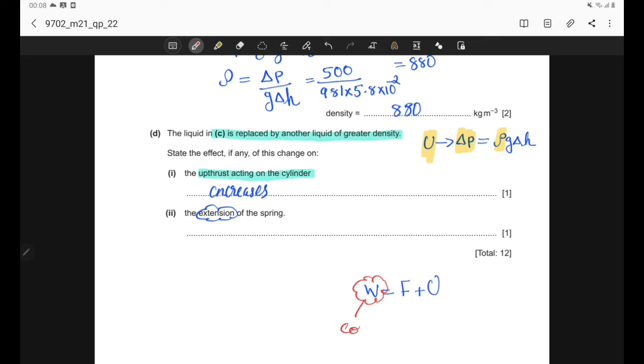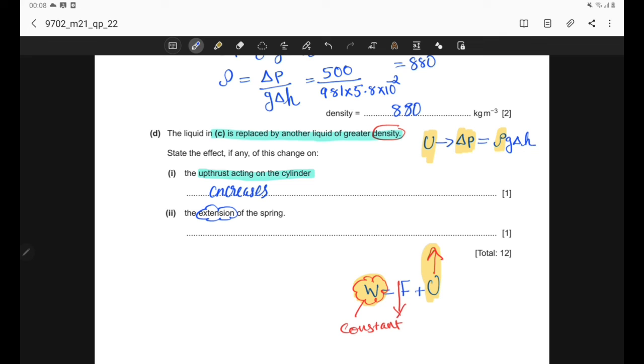Weight of the cylinder will be constant. But in the previous part, we have already understood that when the density increases, upthrust will increase. So by looking at this equation, in order to maintain the left-hand side of the equation constant, as weight will always be constant, and when upthrust increases, the force on the spring must decrease.